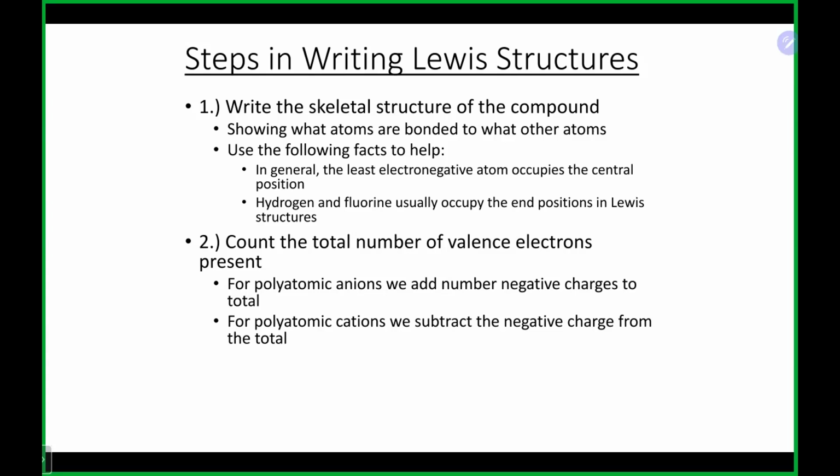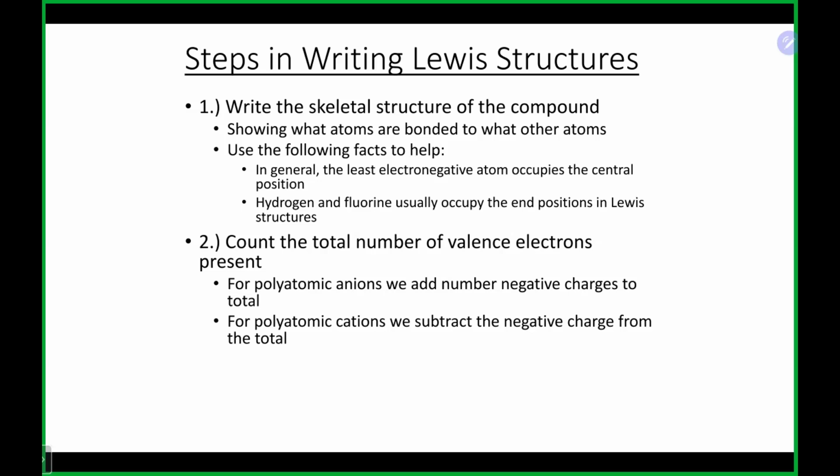The first thing you want to think about is how the thing is put together. To help you decide, there are some rules we want to follow when we draw Lewis structures. Basically, the least electronegative atom should be in the center, and in a lot of cases, everything else is attached to the atom in the middle.